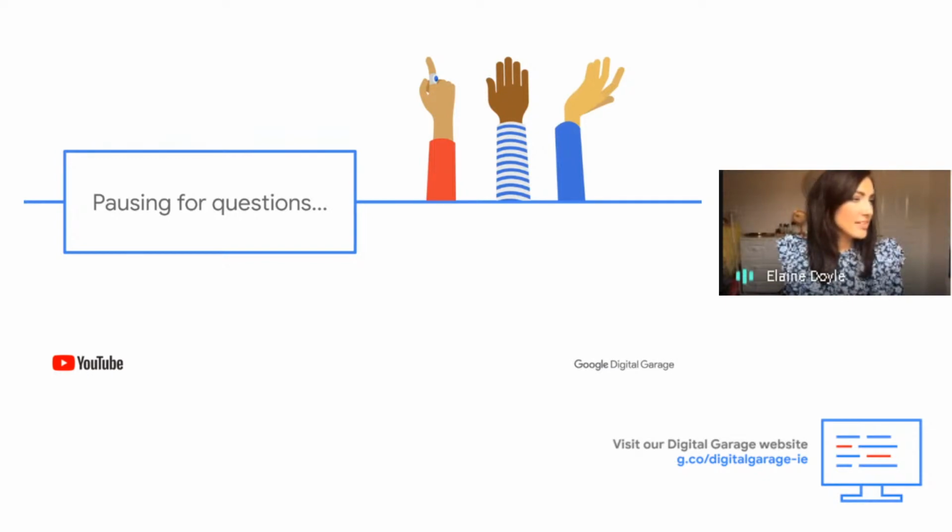Katie, hello. What are the possibilities for YouTube for nonprofit accounts to fundraise alongside live streaming on YouTube in Ireland? There are plenty of possibilities, which we can follow up with afterwards. Often it depends on how many subscribers the nonprofit has on YouTube.